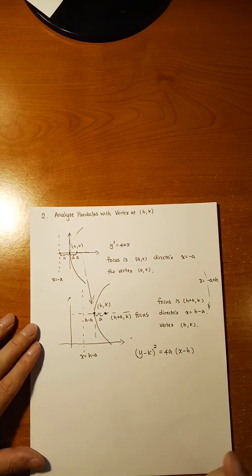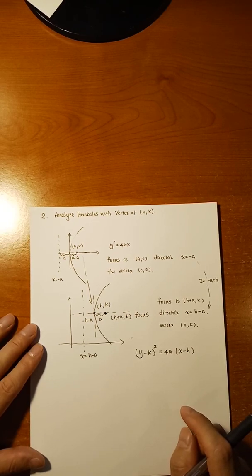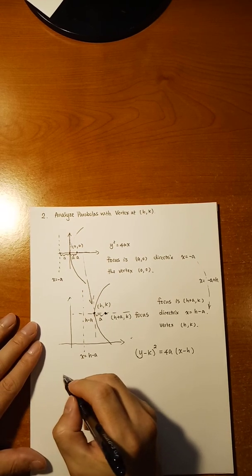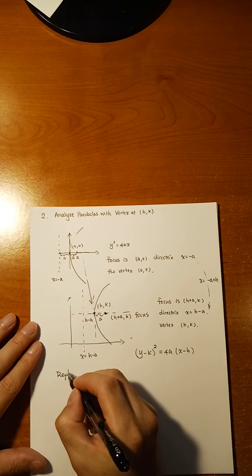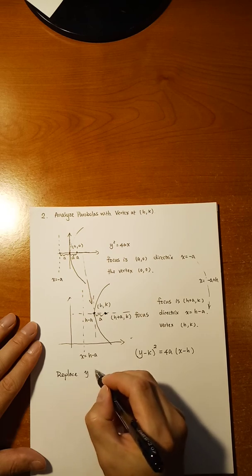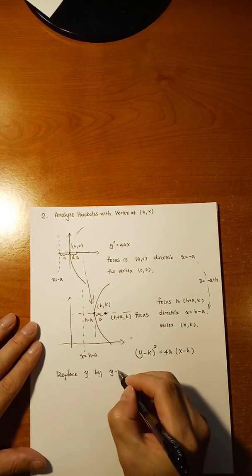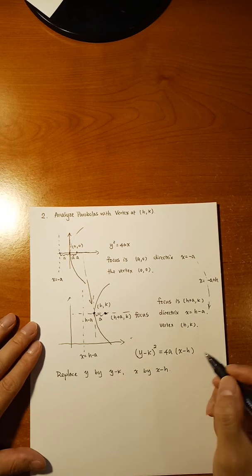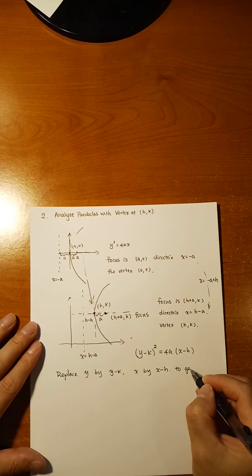You always do this: replace y by y minus k, x by x minus h to get the equation.